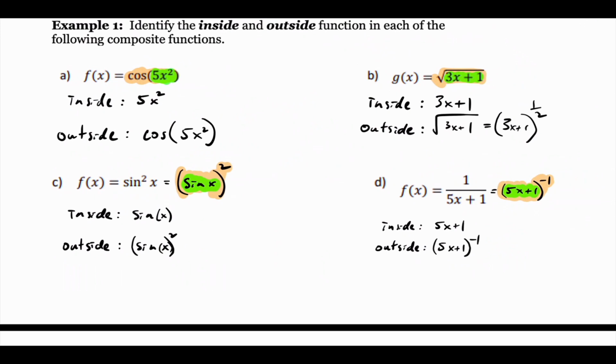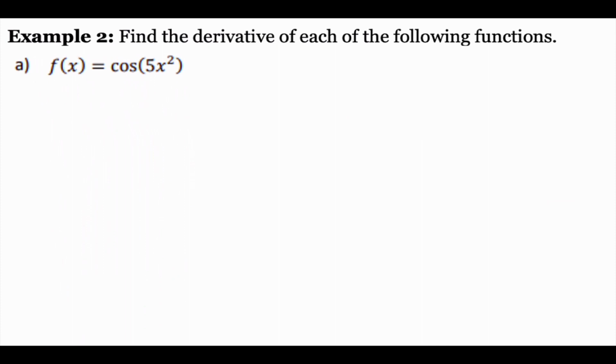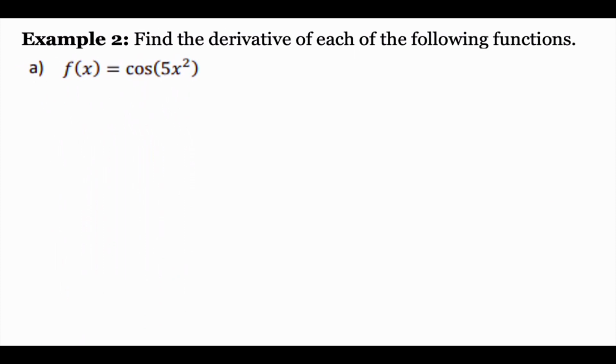Okay. All right, so let's flip it over. So we already did the first part, right? We said 5x squared is the inside. Cosine of 5x squared is the outside. So what the chain rule says is find the derivative of the outside first. The outside's the entire thing.